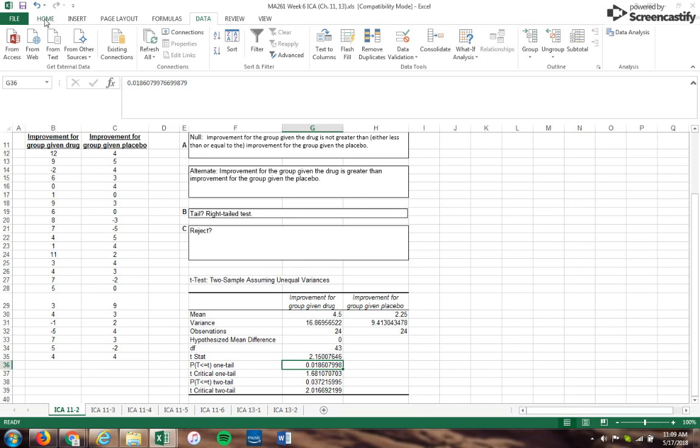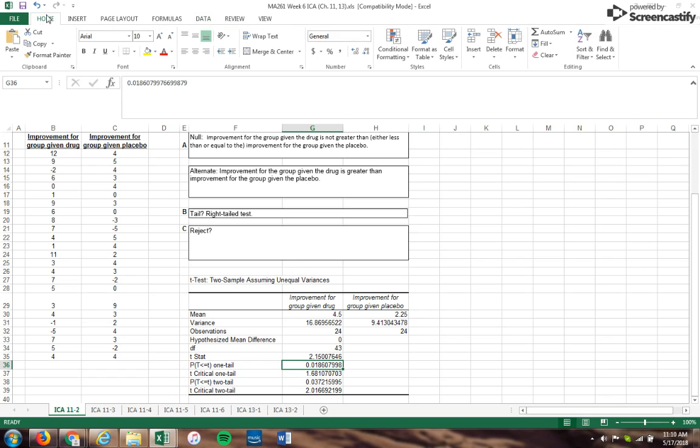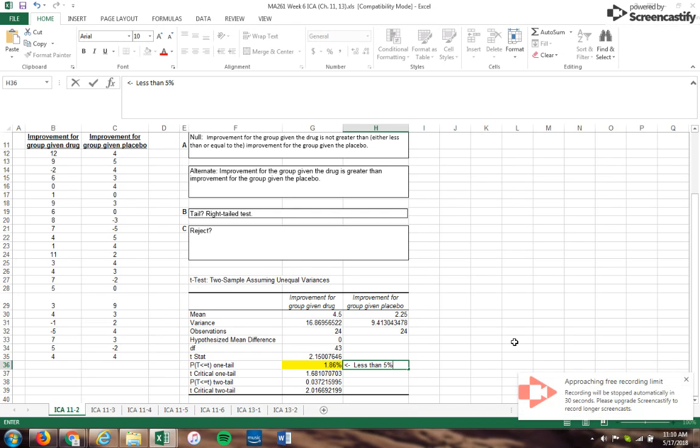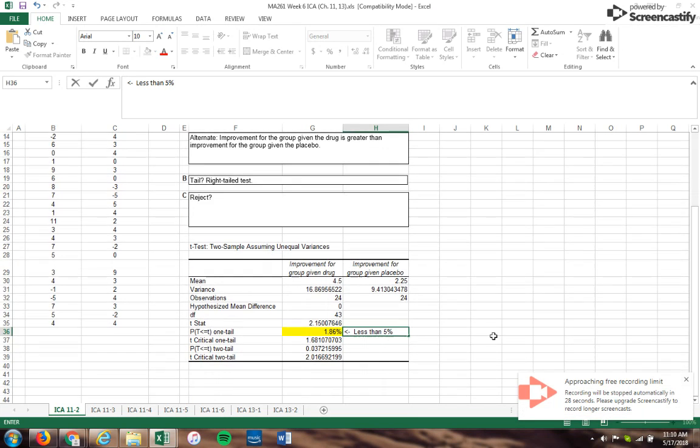All right, so now we look at our p-value for the one-tailed test. I'm going to highlight that, but I also want to make it a percentage because we are comparing it to 5%, and I'm going to show two decimal places. What this tells us is 1.87%. So this is less than 5%, and that is what we are connecting to: less than 5%.